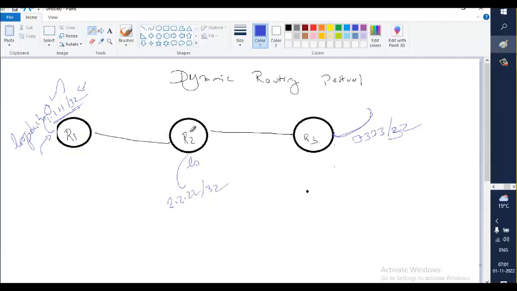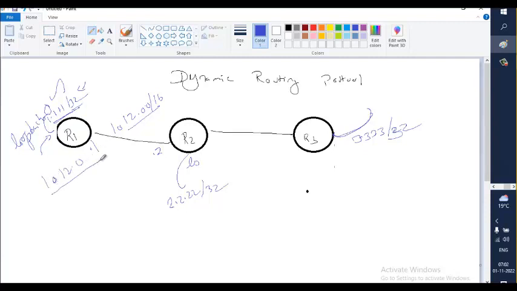Now between R1 and R2, let's say we got 10.12.0.0/16. This is the network between these two. And I'm going to give .1 in this port and .2 in this port. Which means what? 10.12.0.1.